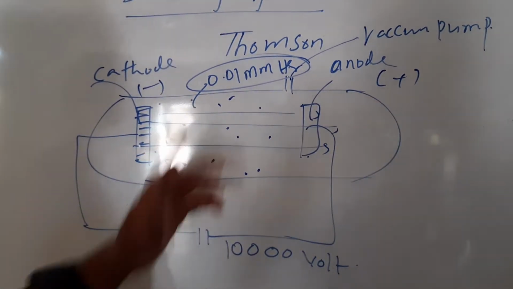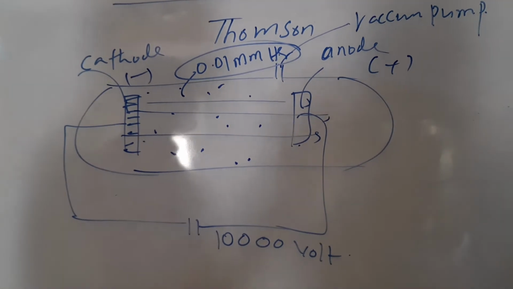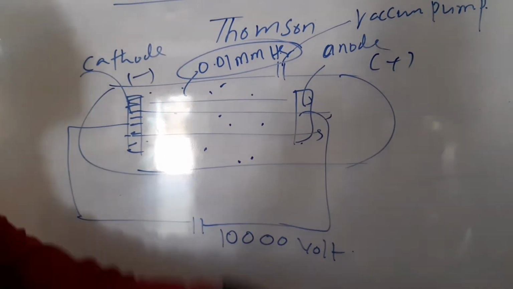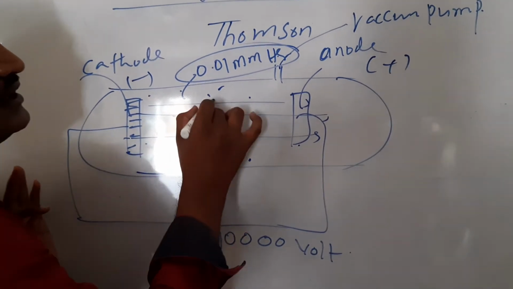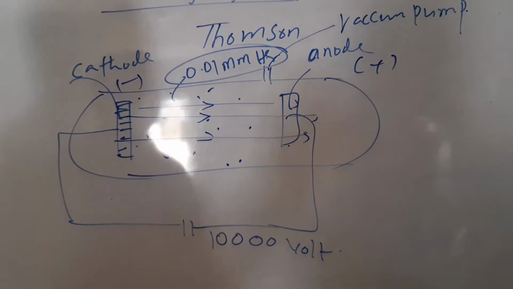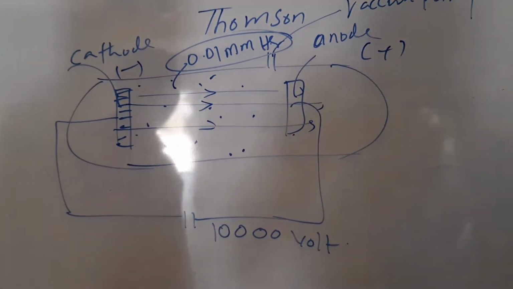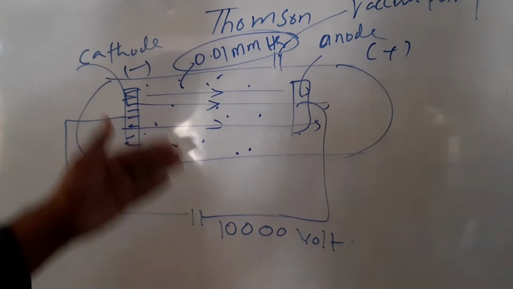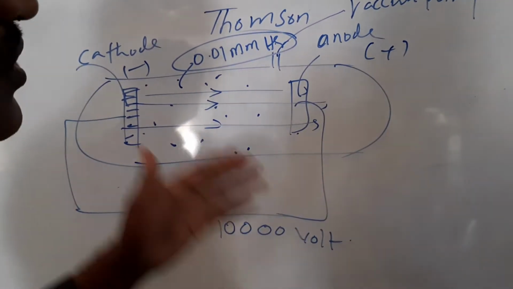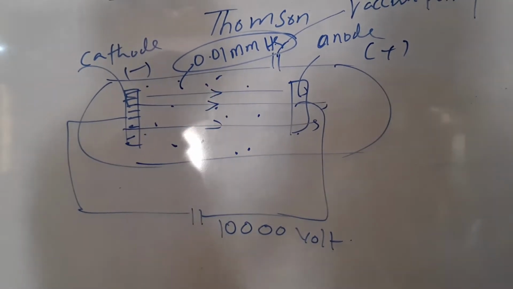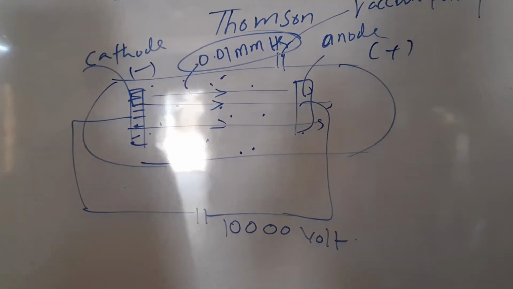When the gas is subjected to a high voltage of 10,000 volts, the cathode rays travel towards the anode, the positive plate. Based on this we can identify that cathode rays are negatively charged particles, because they are attracted towards the anode.